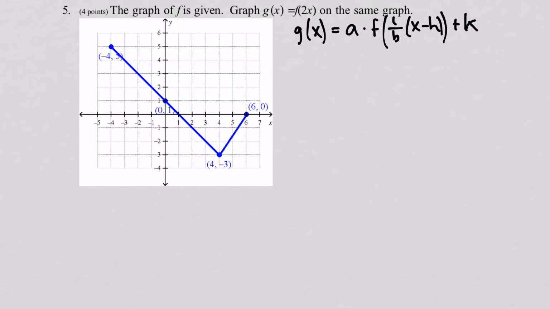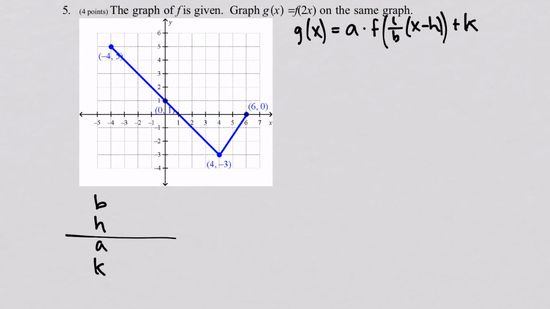Right? Does that ring a bell to you guys? And my parameters are a, b, h, and k. However, we always write them like this, right? B first, then h, then a, then k. Boy hungry, ate kitty.